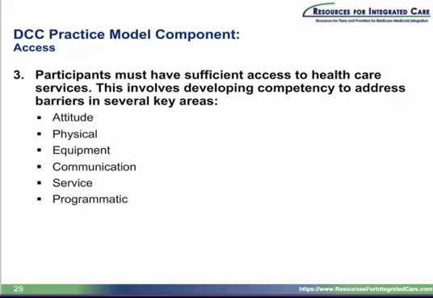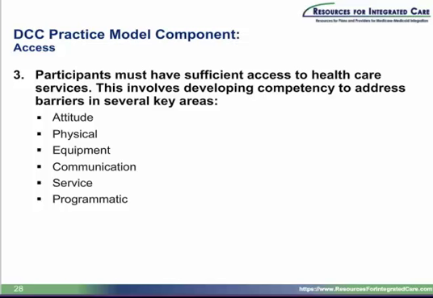Equipment access. That's exam tables, scales, and X-ray and radiology. Communication, that is interfacing with the participant, such as using interpreters for those who are hard of hearing or deaf.